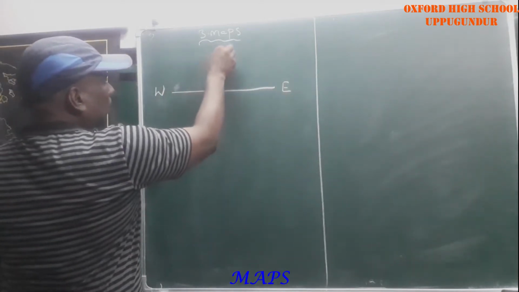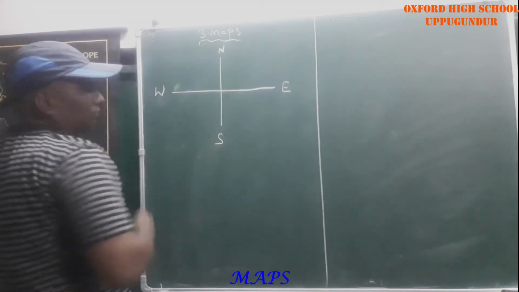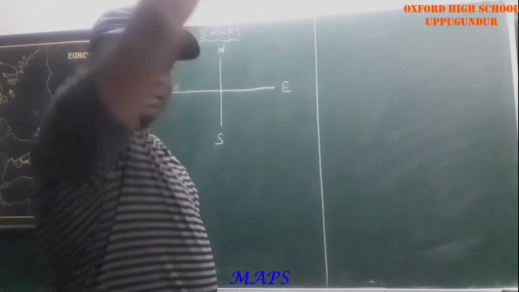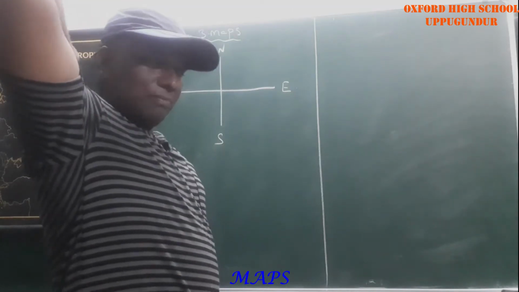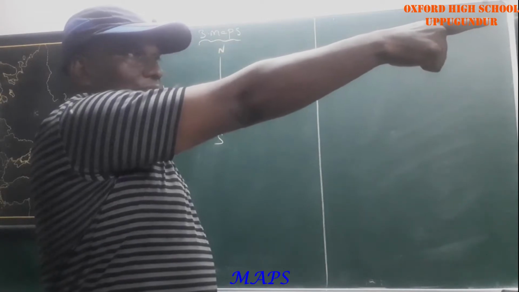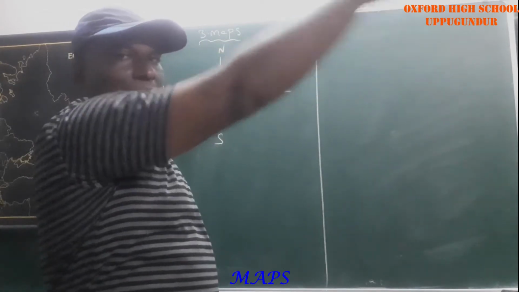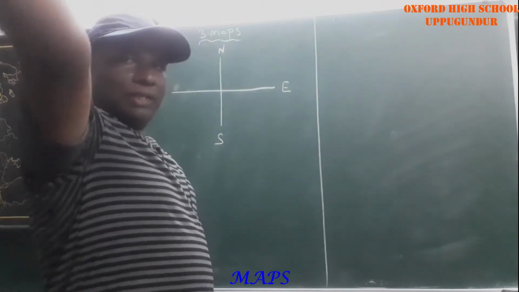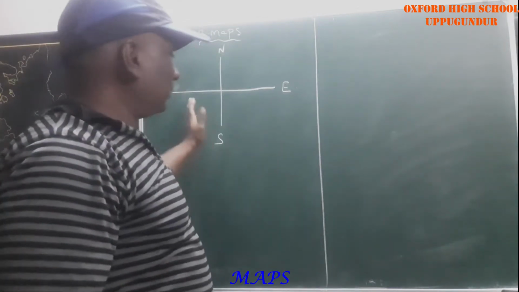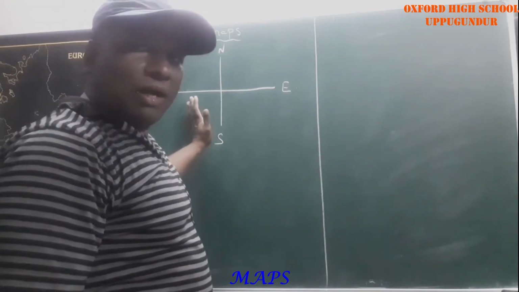This is north, this is south. Suppose I am standing in front of the east, my back is west, then my right-hand side is south and my left-hand side is north.